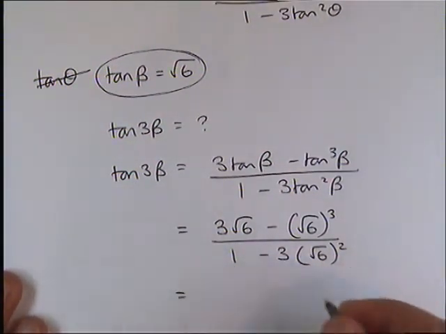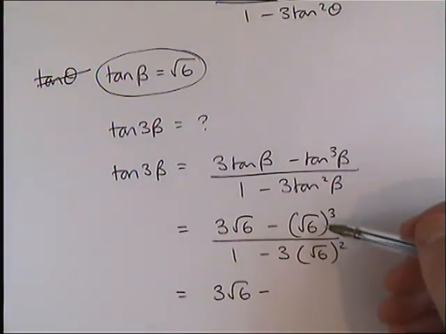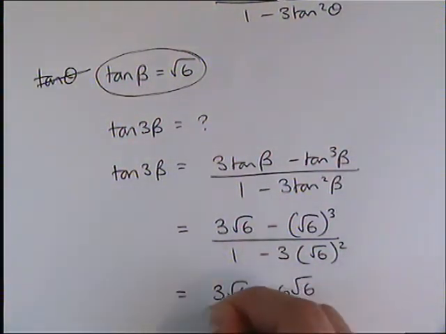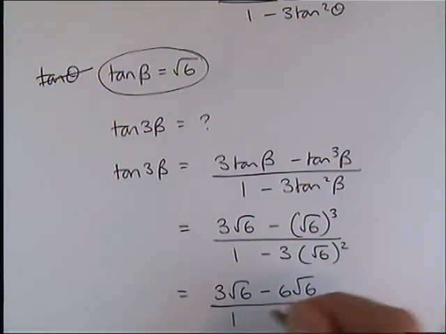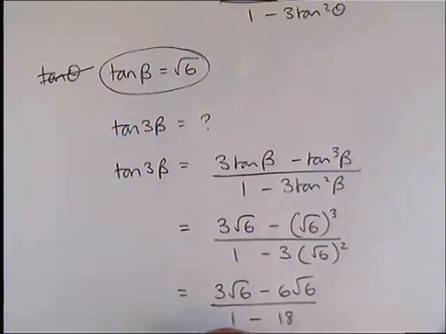So let's see what we get here. We've got 3 root 6 minus, now what's that going to be? 6 root 6. And 1 minus, so this is 3 lots of 6, which is 18.